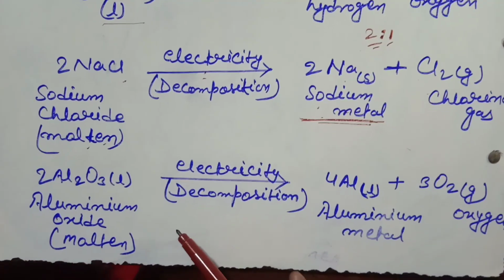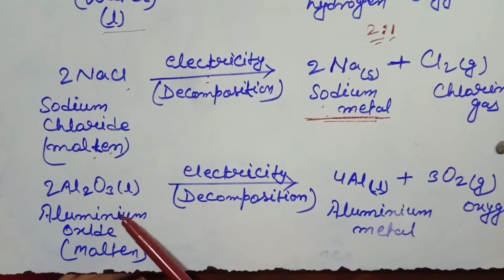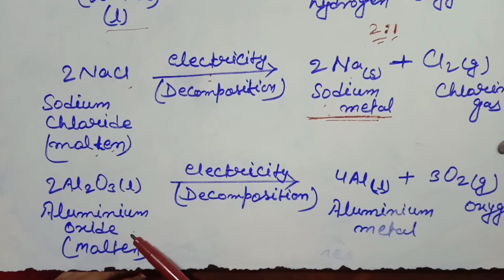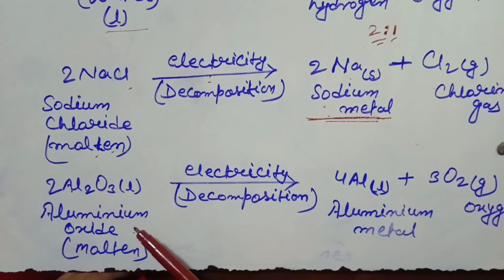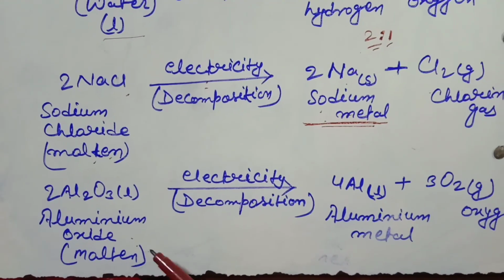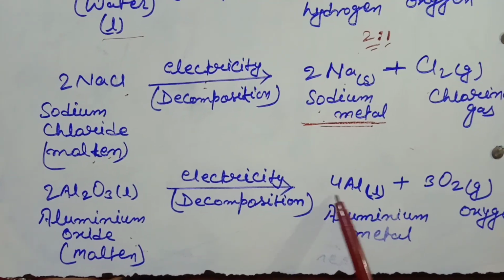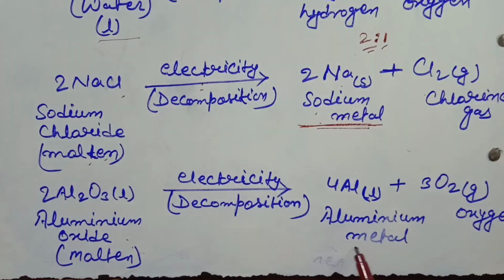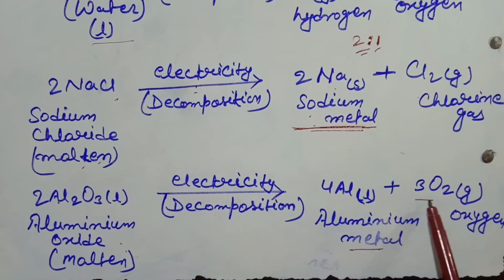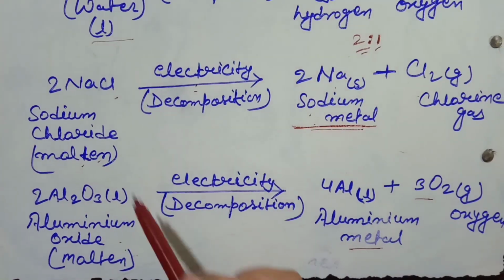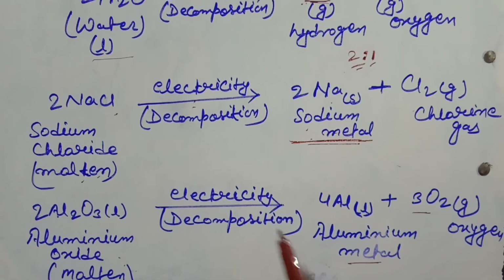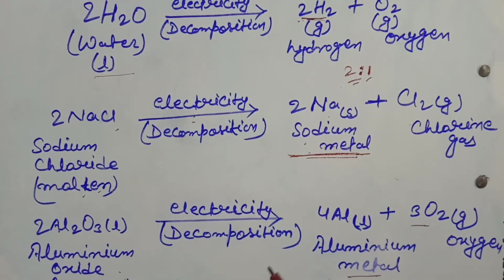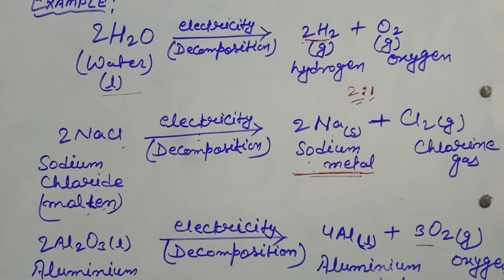Now the next example I have taken is molten aluminum oxide. When we pass electricity through it, what happened? We got four atoms of aluminum metal, see here, and oxygen. Dear students, these were all examples of decomposition reaction by passing electricity.